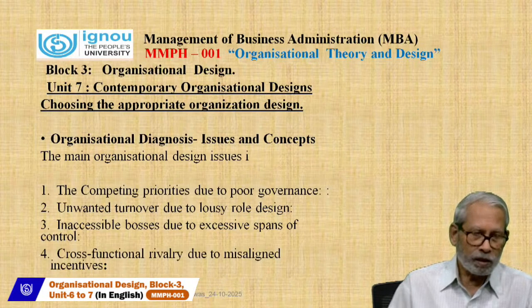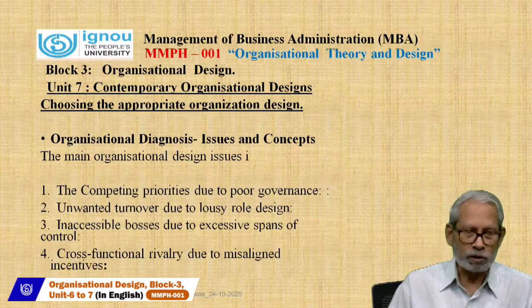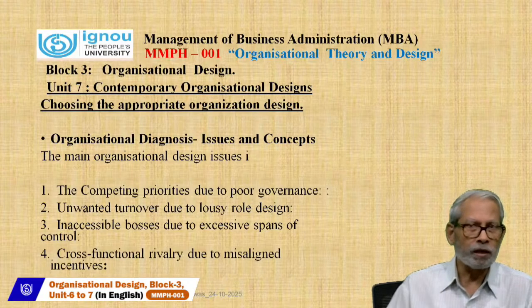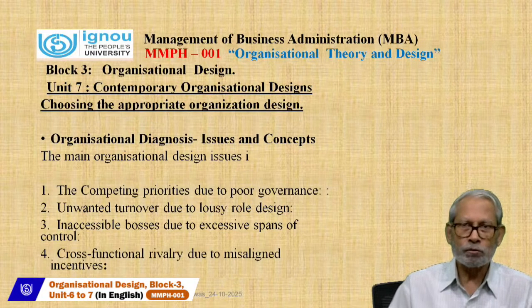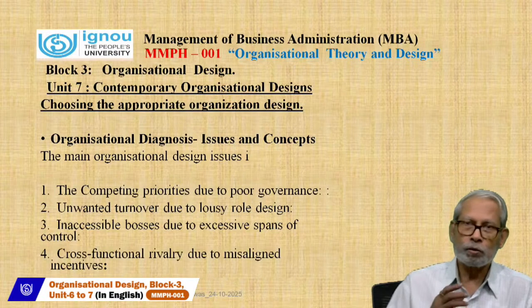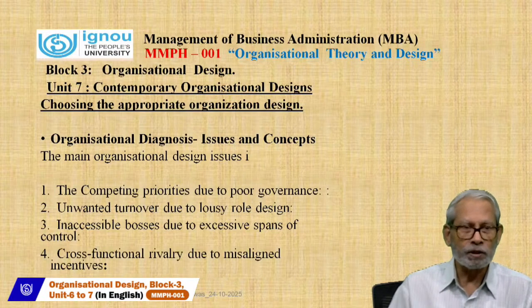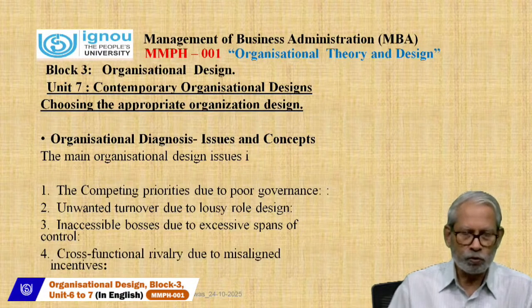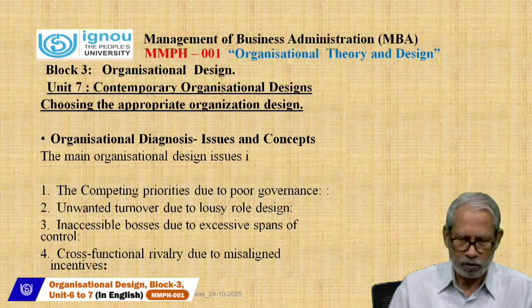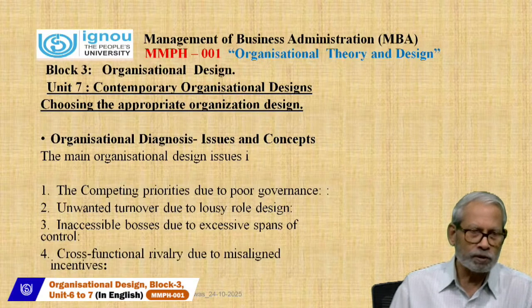Then inaccessible bosses, because you are not in direct contact with the boss, unavailable due to excessive span of control. Span of control is large, so you cannot interact directly with everybody. Cross-functional rivalry due to misaligned incentives is another. So these are all the issues.